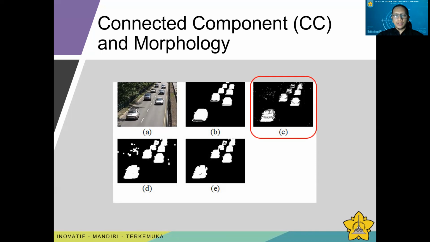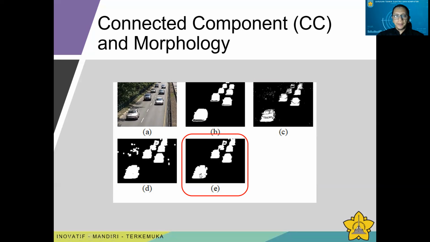So this is one very simple example. This is the Gaussian mixture model without connected component and morphology. This is the Gaussian mixture model with morphology without connected component. And this is the Gaussian mixture model with connected component and morphology.